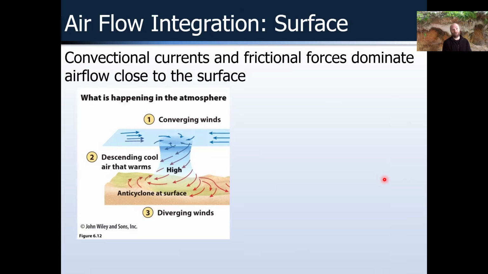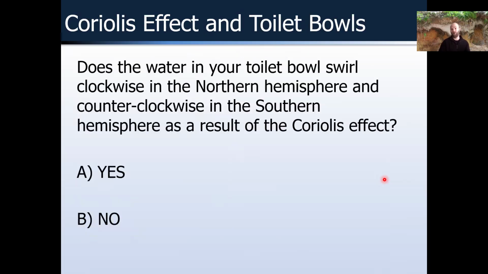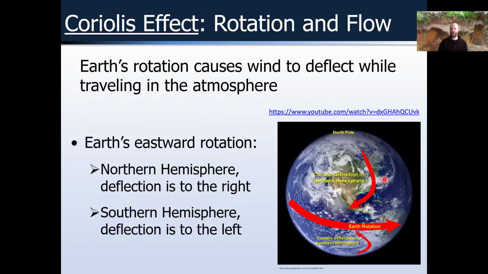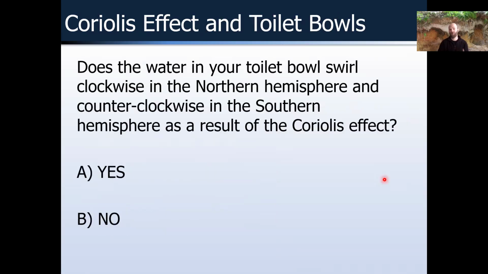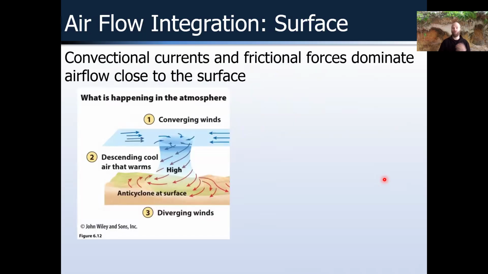Anyway, so airflow integration at the surface. I realize that I'm adding elements, the Coriolis effect and frictional forces, and it's not meant to confuse you. Mostly, and for this class especially, I just want us to appreciate that these forces are working on air masses, and as we appreciate air circulation, we have to take into consideration that there are local, regional, and global scale influences on air systems.